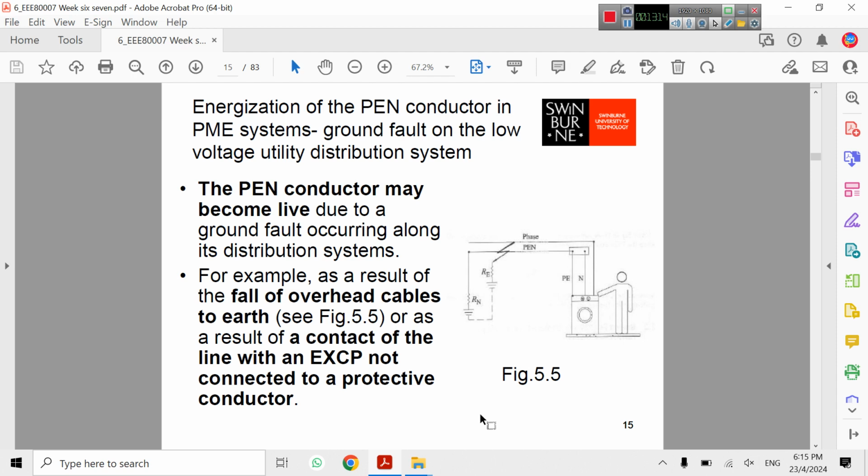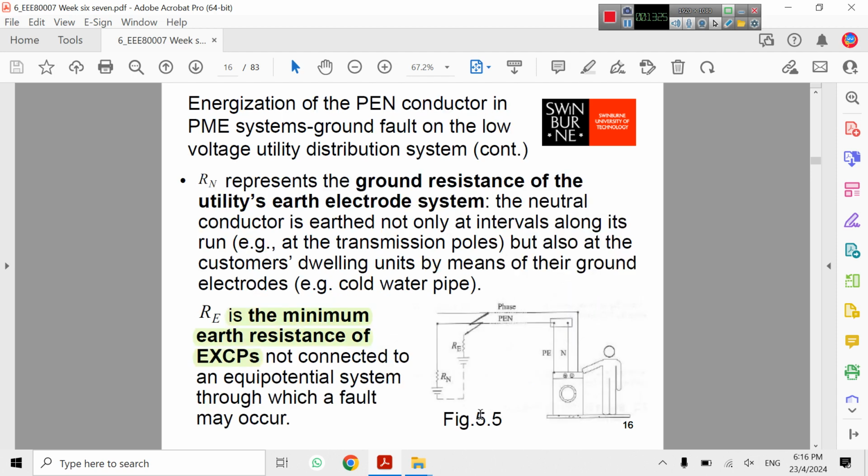There is a return path RE from ground to the RN, which is the resistance of the distribution transformer neutral point. Rn represents the ground resistance of the utility earth conductor system. The neutral conductor is earthed not only at intervals along its run, but also at the customer's dwelling unit by means of their ground electrodes.